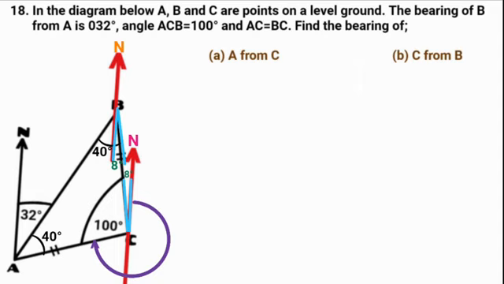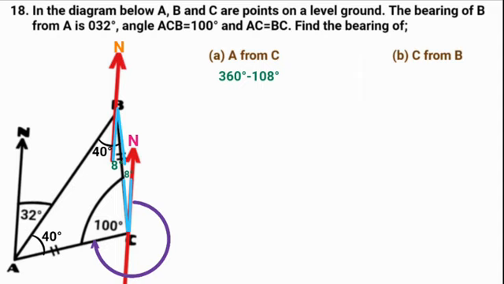So we're going to write it like this: 360 degrees minus 108 degrees. If you are getting confused on where we're getting 108 degrees from, the angle is starting from here on the red line, which is the line NC, to the black line, which is AC. So that is the angle which is giving us 108.